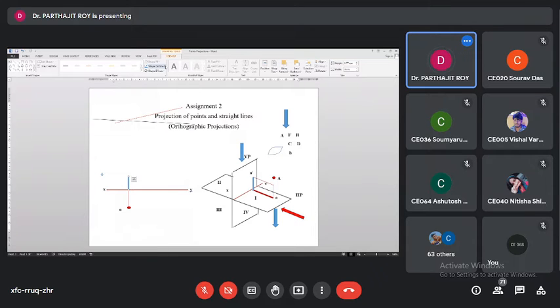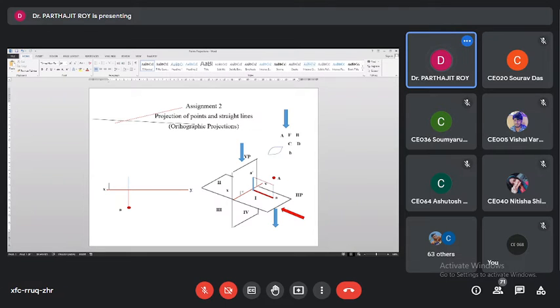Again, let me change the weight. Okay. This point will be at which point? Point A dash. Isn't it?